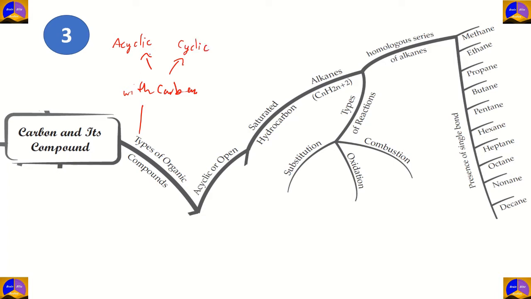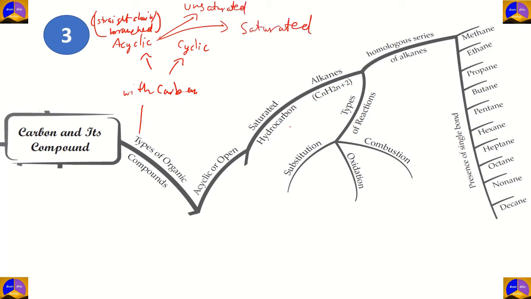Acyclic compounds either have a straight chain or a branched chain. The unique thing about acyclic compounds is that they're not closing together, they're not forming a closed structure. The structure is open, and that's why it's called acyclic.